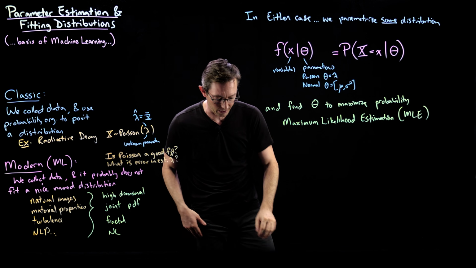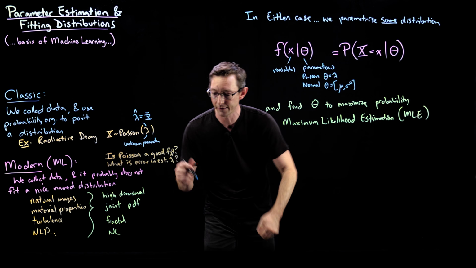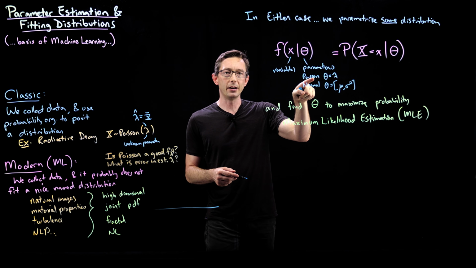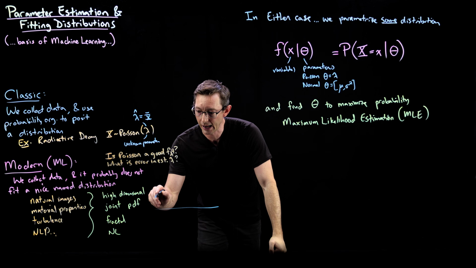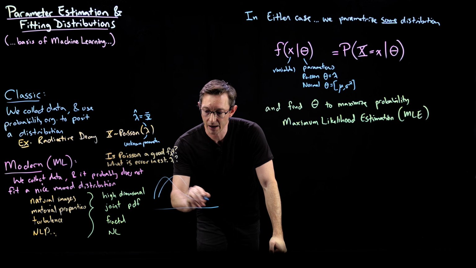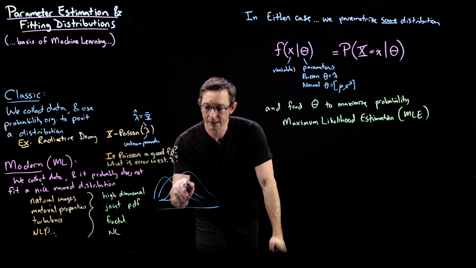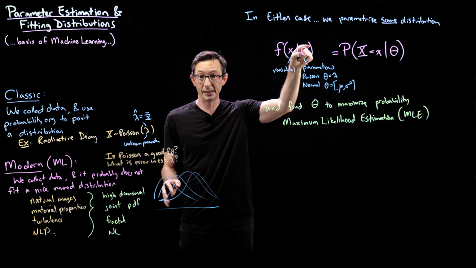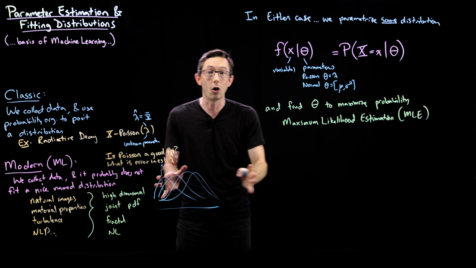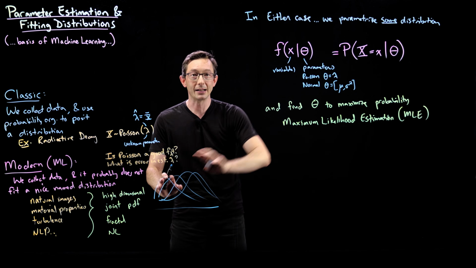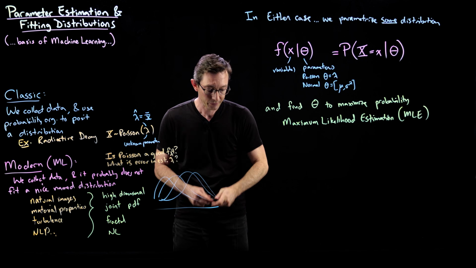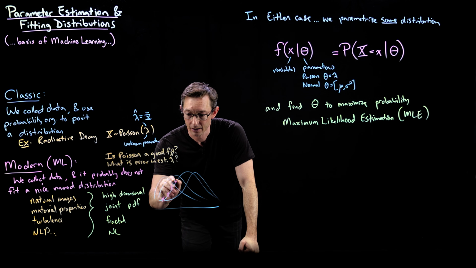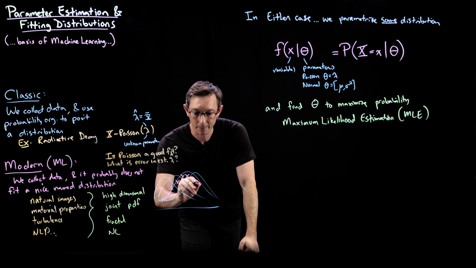There's some PDF, maybe I'll even just draw a little picture here. So I could have some PDF, and let's say it's a Poisson distribution. I can vary that parameter lambda, so there's a whole family of Poisson distributions varying this theta or lambda parameter. And I have some actual measurement data, and maybe my data looks essentially like this.